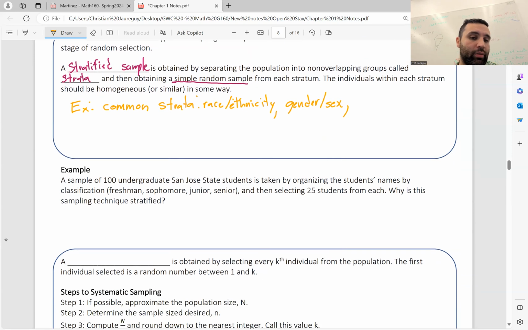So the example here: a sample of 100 undergraduate San Jose State students is taken by organizing the students' names by classification, freshman, sophomore, junior, senior, and then selecting 25 students from each. So why is this sampling technique stratified? It's because you can't be a freshman and a sophomore. They're non-overlapping groups, and then I took 25 from each. So that's our second style of sampling.